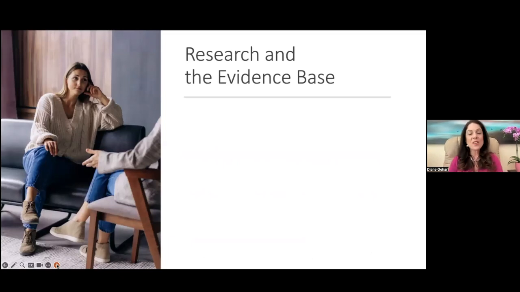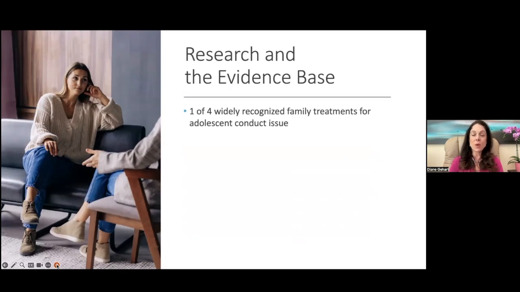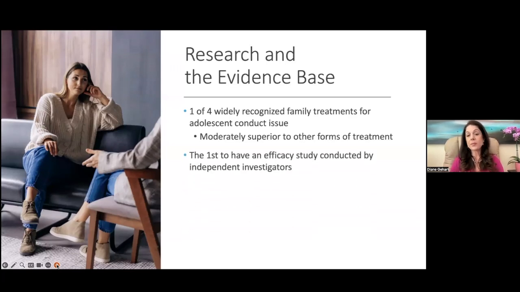So research and the evidence base. It is one of 4 widely recognized, well-established family therapy treatments for adolescents with conduct issues, and it is moderately superior to other forms of treatment. So this is not just equal to or effective for, it is moderately superior to treatment as usual.